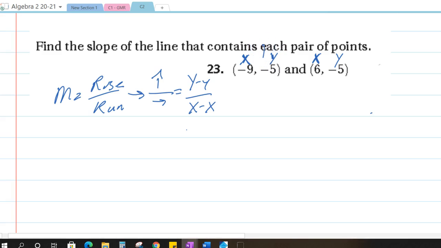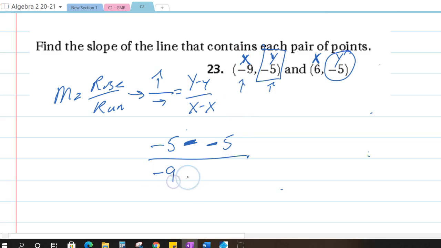I'm going to start at the beginning. Negative 5. So y is negative 5. Minus, what is the other y? It's another negative 5. Common mistake: people only put one negative sign. Negative 5 minus the other negative 5, divided by. Now because I started with the y's, what I need to do now is go to the x's.